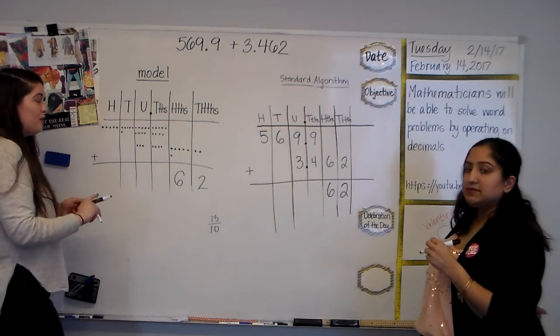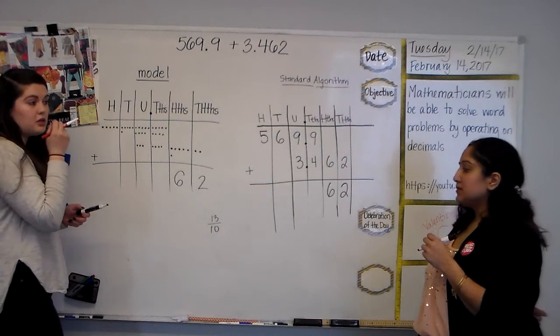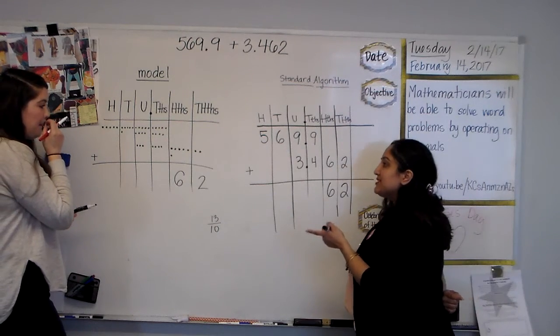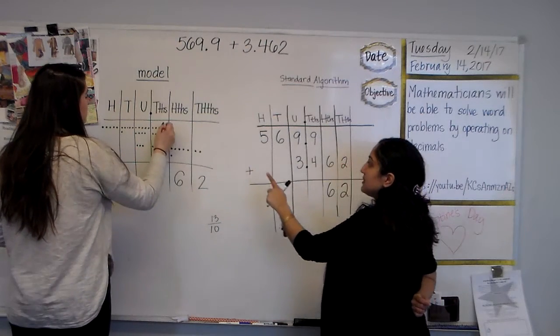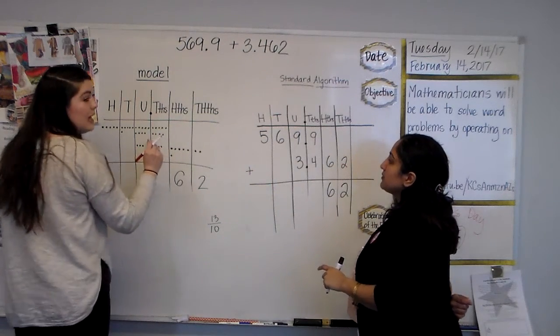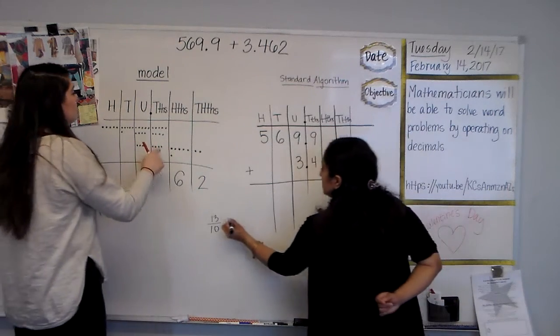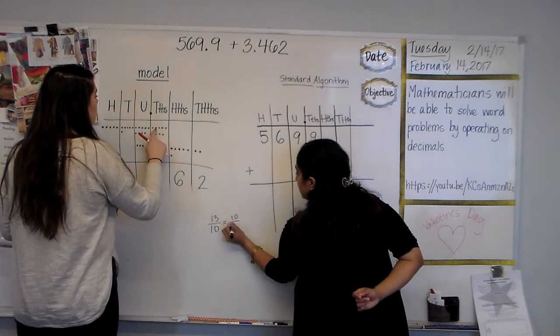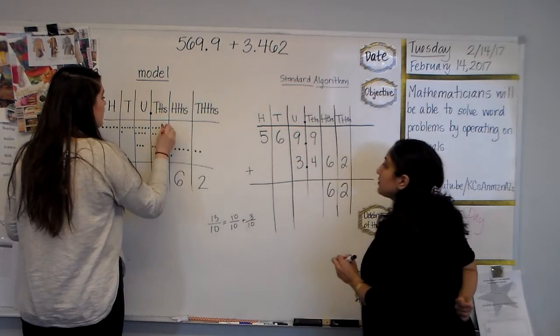We can't write 13 tenths just under our tenths place in our place value chart. I remember learning that 10 tenths makes 1 whole, so I'm wondering if we can regroup 10 tenths to make 1 unit. I'm going to count off 10 tenths and circle them to show that I'm regrouping them to our units place. 1, 2, 3, 4, 5, 6, 7, 8, 9, 10 tenths.